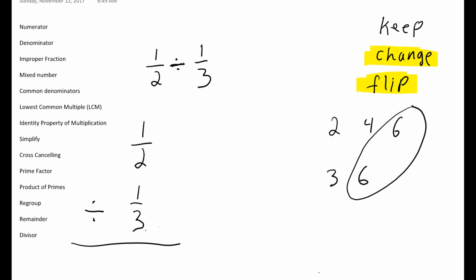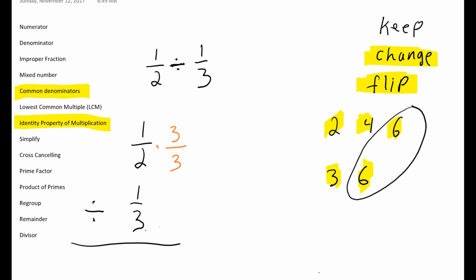So I'm going to get my common denominators by using the identity property of multiplication. I used 2 three times, 1, 2, 3, so I'm going to multiply this by 3/3. Then I used the 3 two times, 1, 2, so I'm going to multiply that by 2/2.